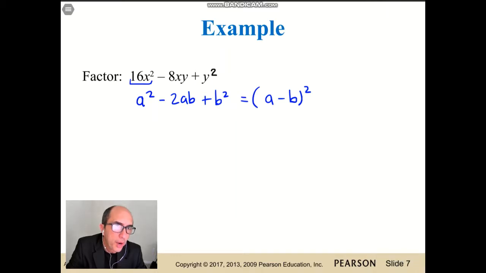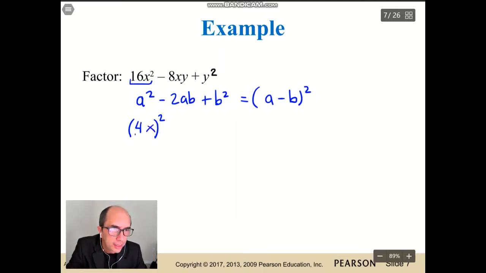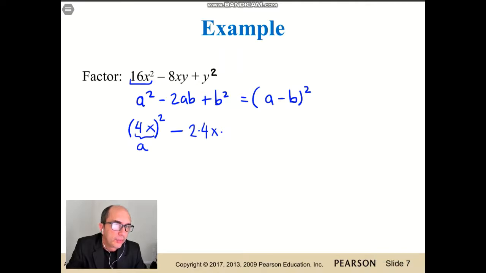Because 16 is 4 squared, you can rewrite it as 4x squared, and this is going to be our a.